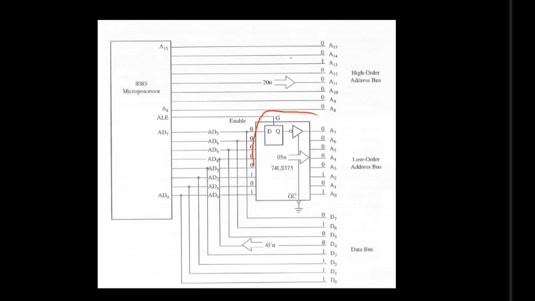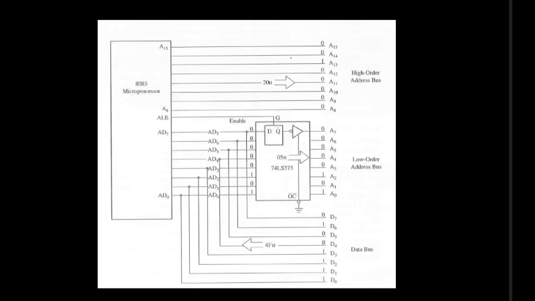Here we use the IC 74373. We have seen this IC 74373 in the previous lecture. It is a D latch, and we have to enable it. The enable line of this particular IC is connected to ALE, the address latch enable.